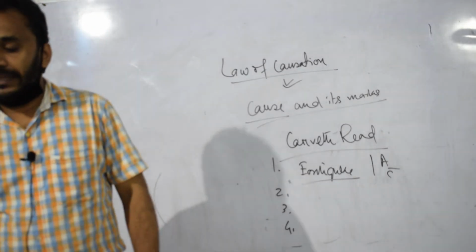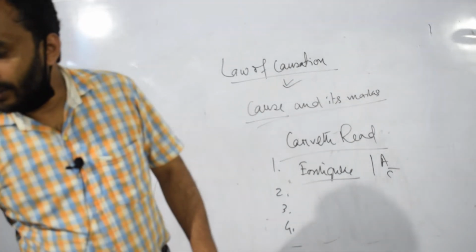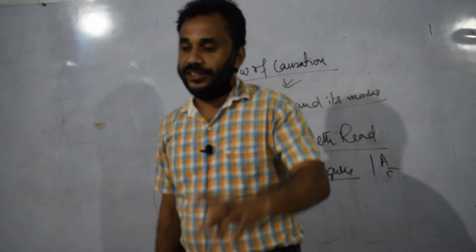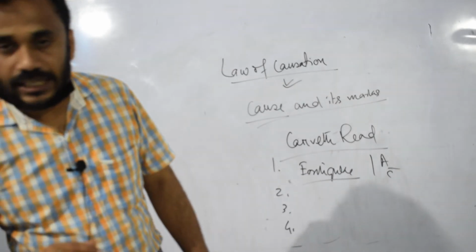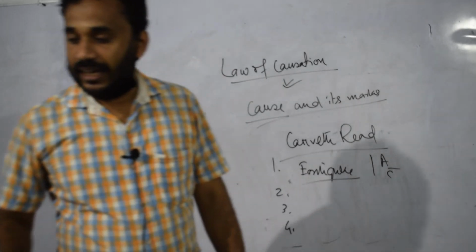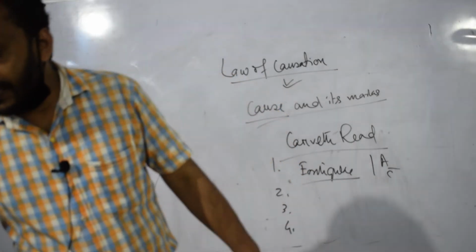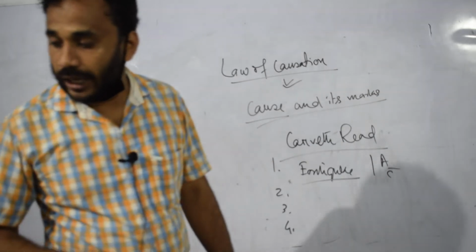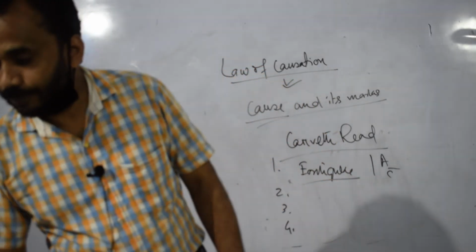For example, a doctor enters a room and the patient dies. If the entrance of the doctor is regarded as the cause of the death of the patient, then it would involve the fallacy of post hoc ergo propter hoc.